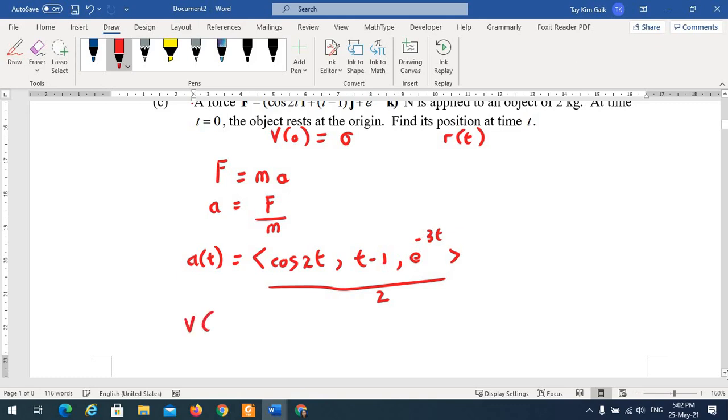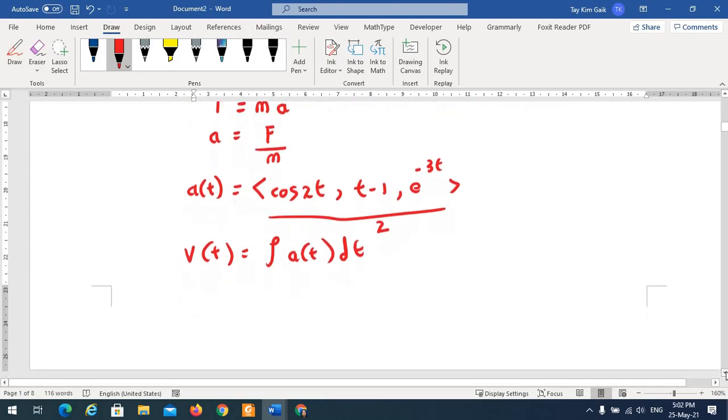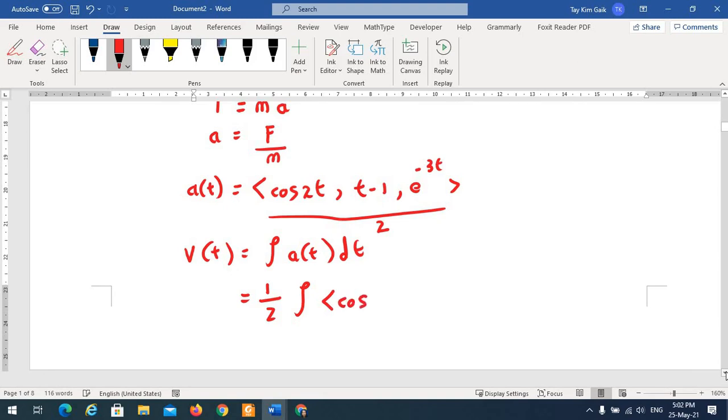With a(t), you integrate to get v(t). You just do the integration. Half is a constant, so you may factor out half, and then you integrate the vector: cos 2t i, t minus 1 j, e to the negative 3t k dt.